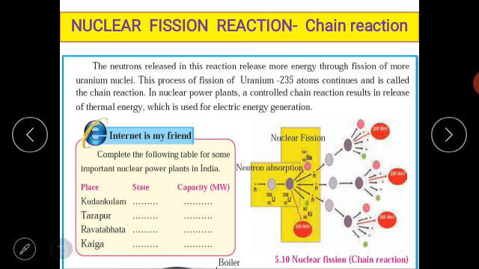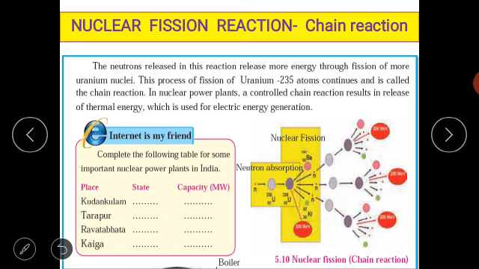After that, 2 atoms, barium and krypton, are produced after the uranium 236 is produced, and there is a release of 3 neutrons. As you can see in the image, these are the 3 neutrons released by the unstable uranium 236.